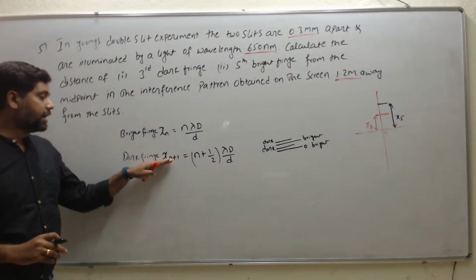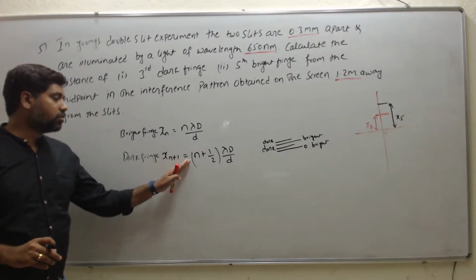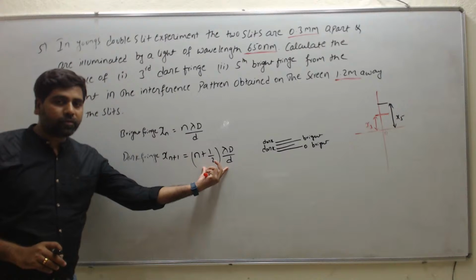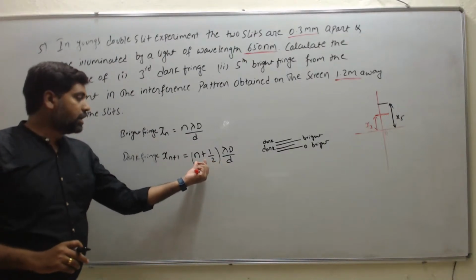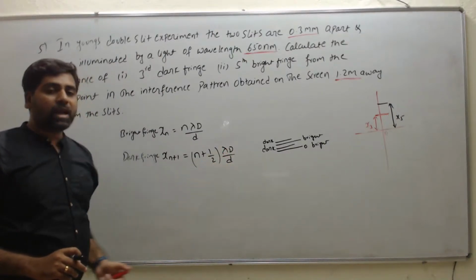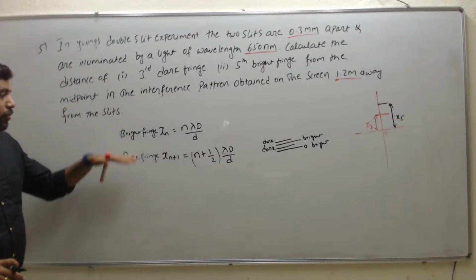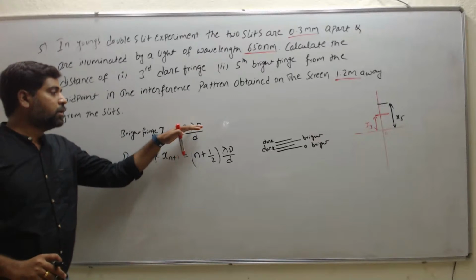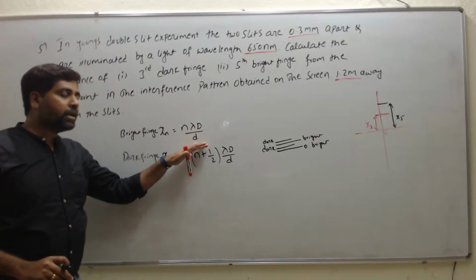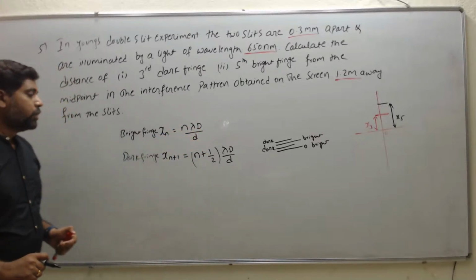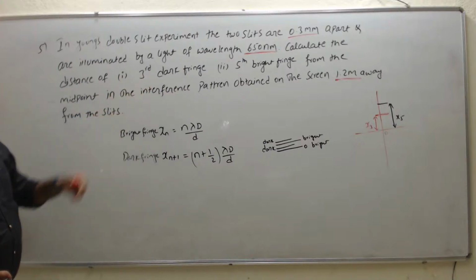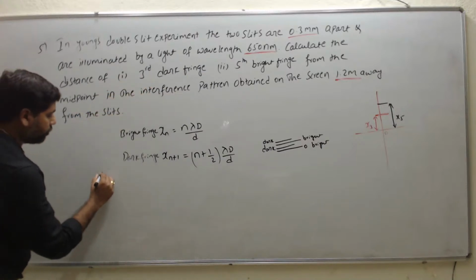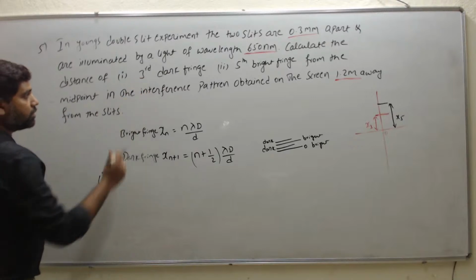That is, we get x of n plus 1 is equal to the condition for the dark fringe, that is destructive interference, (n plus 1 by 2) into lambda D divided by d. For the bright fringe we have constructive interference, that's why we write on the RHS n lambda D divided by d.